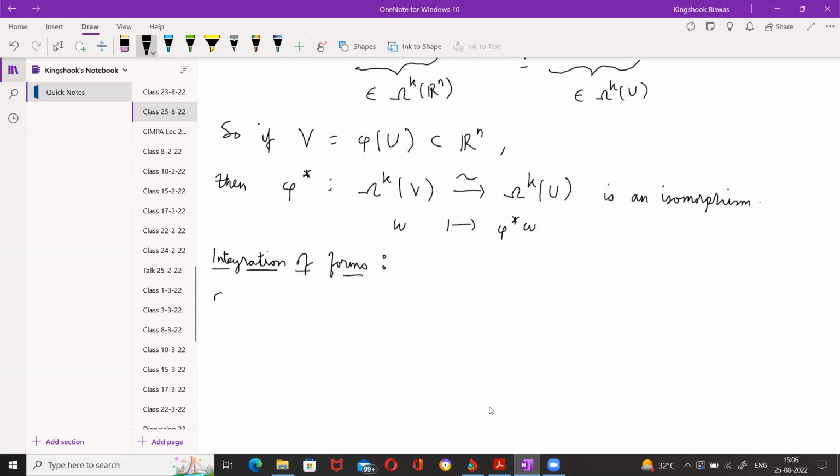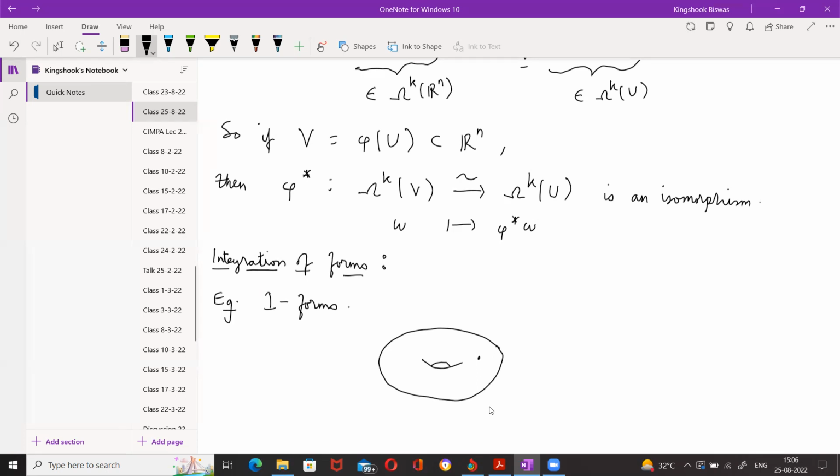Well, let's start with the simplest example, which is one forms. Okay. So I have my manifold, say, N. And I have a one form, which means at each point, I have a linear functional on the tangent space, right?